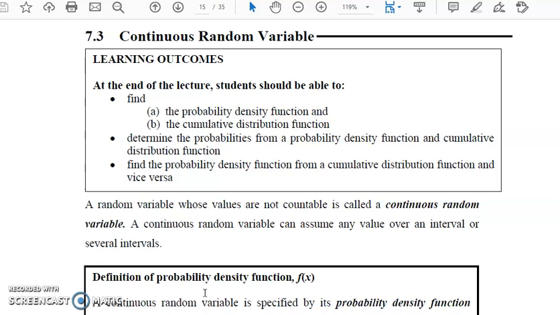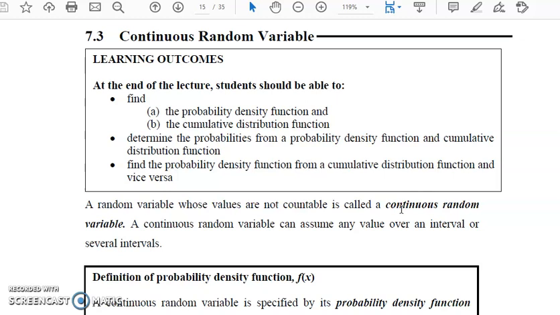So for 7.3, of course, you'll have your PDF and your CDF, and probability from a PDF and CDF. Probability density function from a CDF and vice versa. So that means we'll have PDF to CDF, and CDF to PDF.